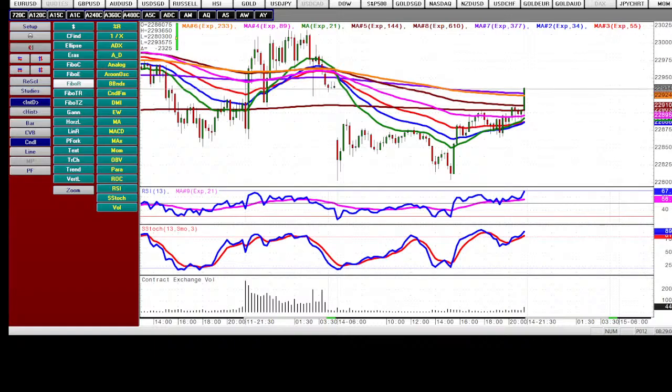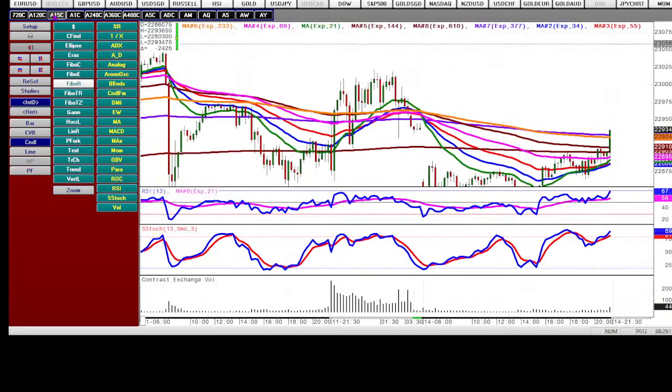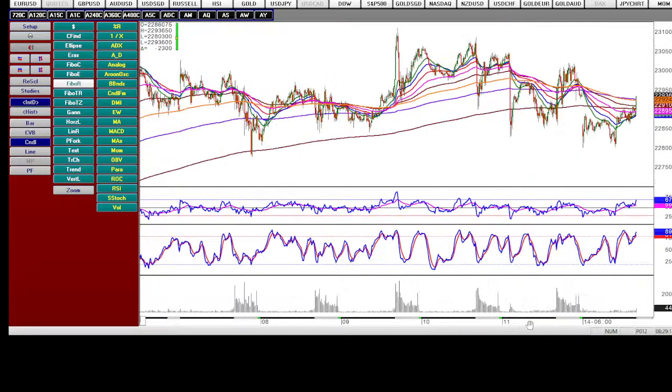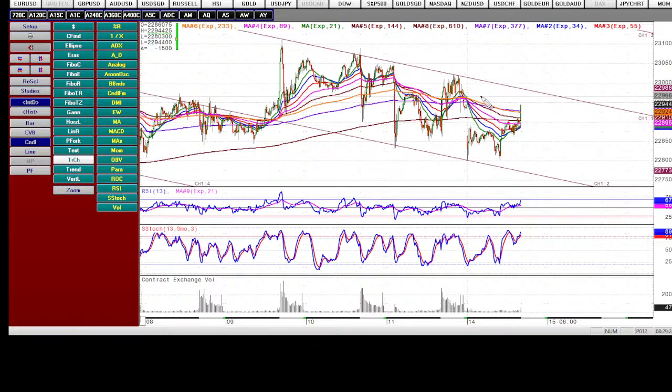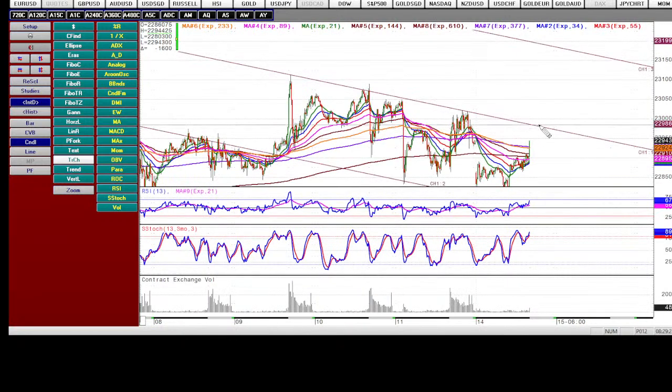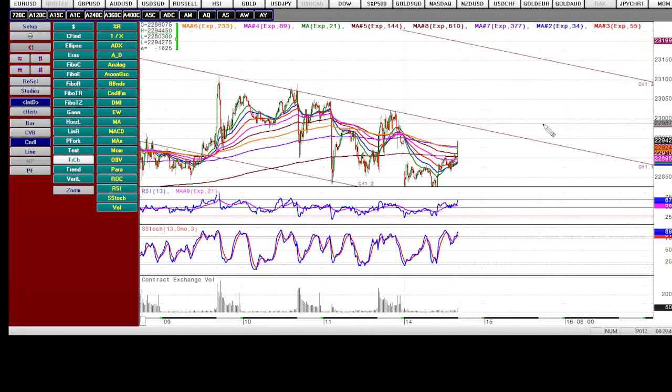So let's put in a trade 70 points higher than the cash. Then the stop loss we are looking for should be within this trading band. Stop loss we would put about 100 points higher.